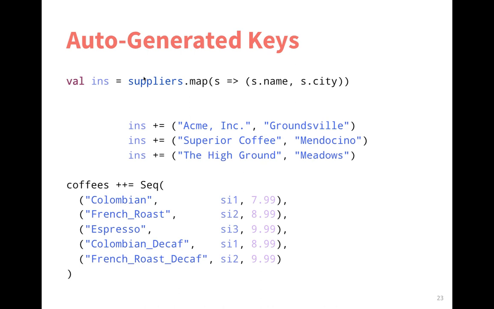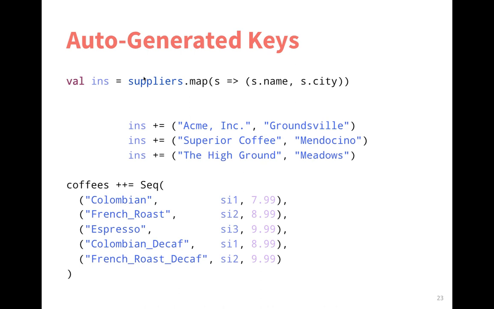So when you insert into that, you can insert the right data, but if you insert into ins, it will not affect suppliers in any way. On the other hand, if you do that in Slick, this ins collection is not a collection, but a query. It's just a projection of the original data. So if you insert into ins, it will affect the original suppliers table.